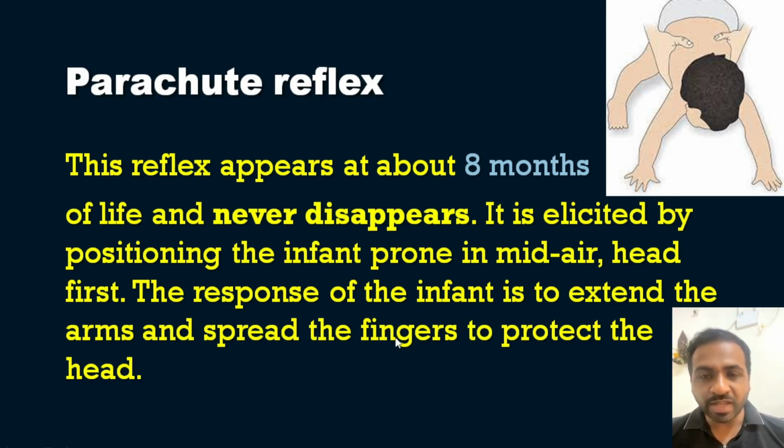The response of the infant is to extend the arms and spread the fingers, as you can see in the picture, to protect the head. It is the normal response to protect the head from falling by extending the arms and fanning of the fingers. This is known as the parachute reflex, and it appears at about 8 months.